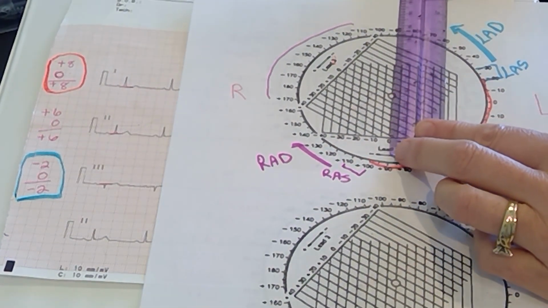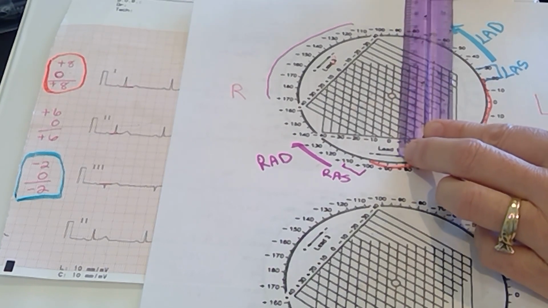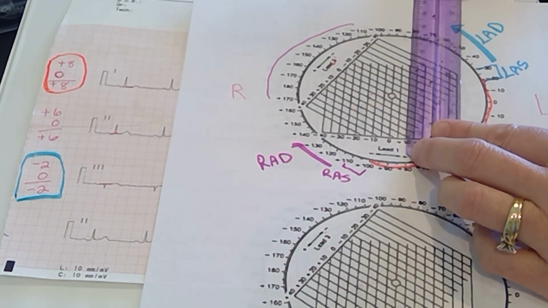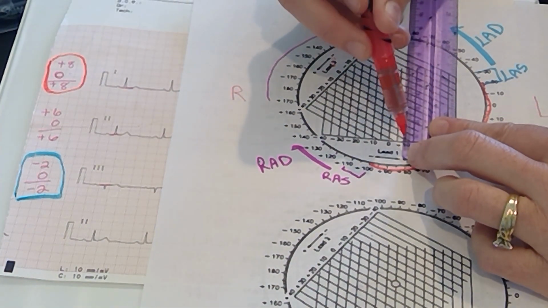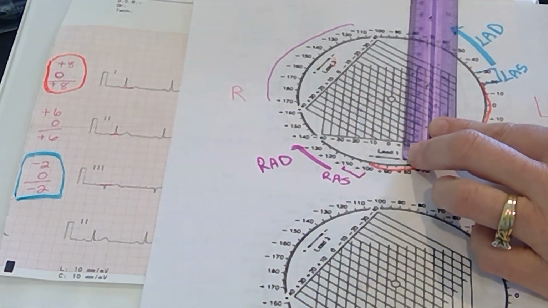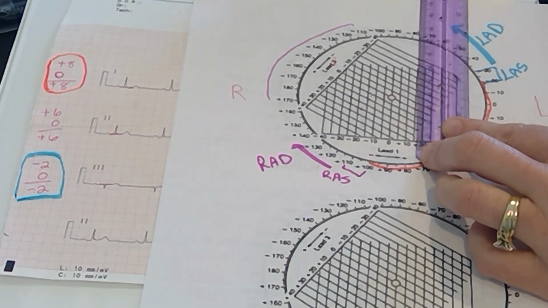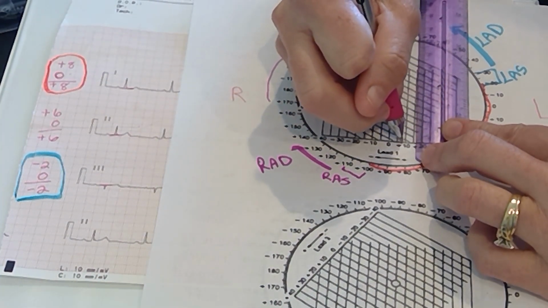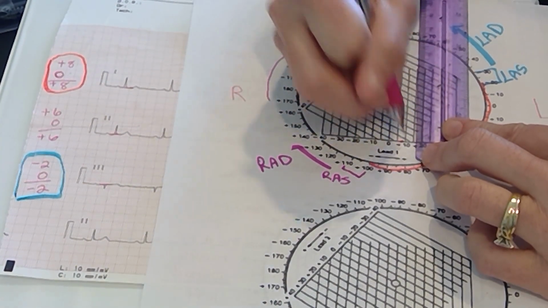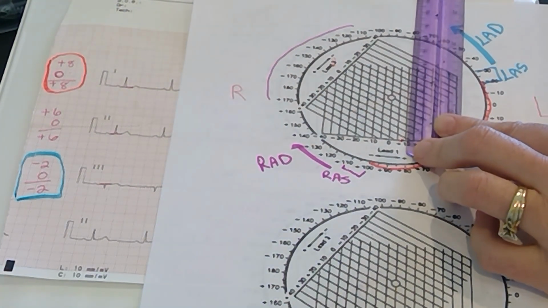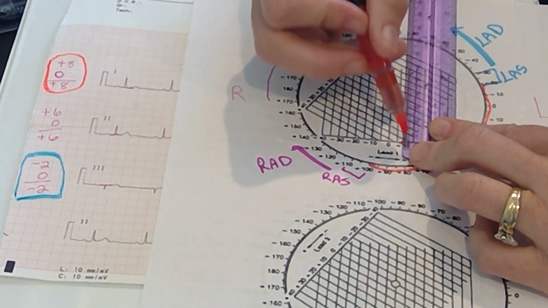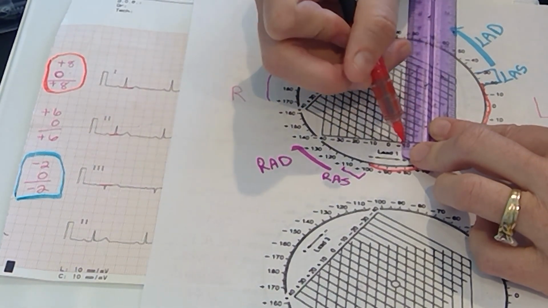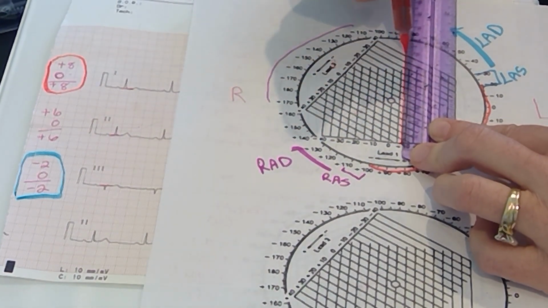Here is 0 for lead 1. That would be plus 5, and here's plus 10. So plus 8 is roughly in the middle. I'm going to make a dot on my plus 8 for lead 1, and then I'm going to draw a perpendicular line going up through this large circle, like that.